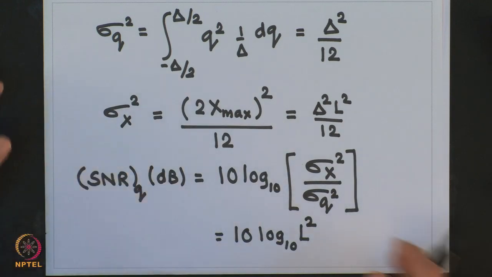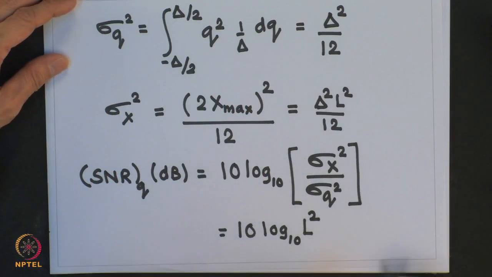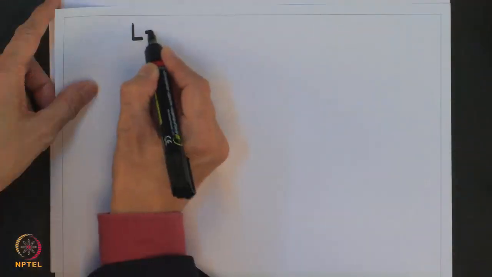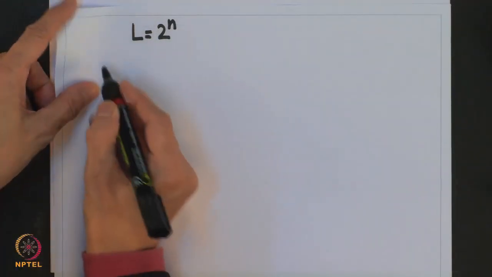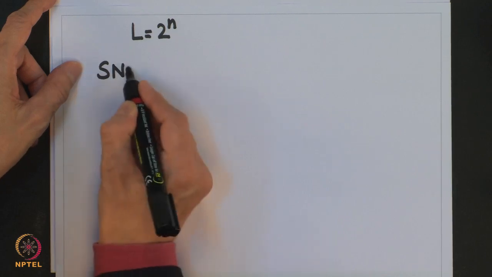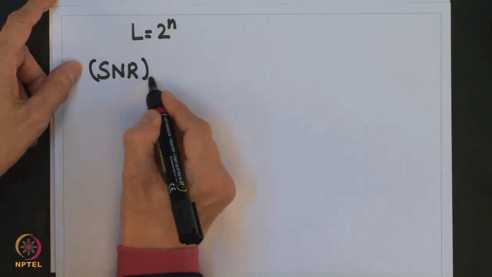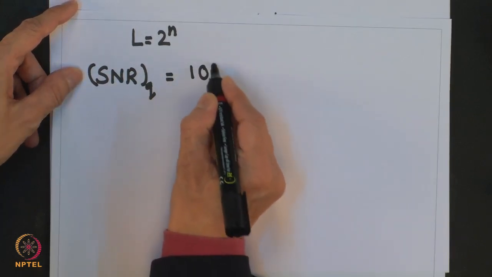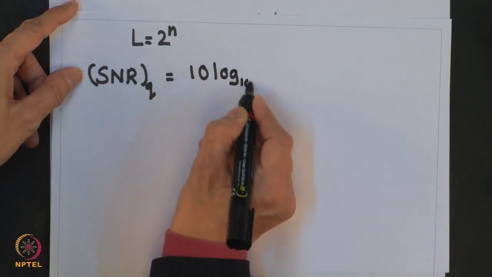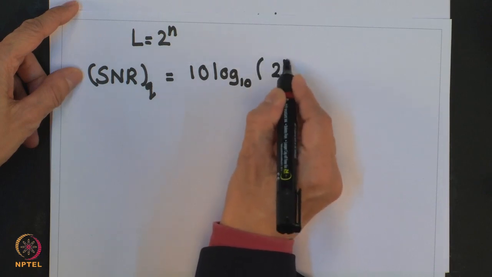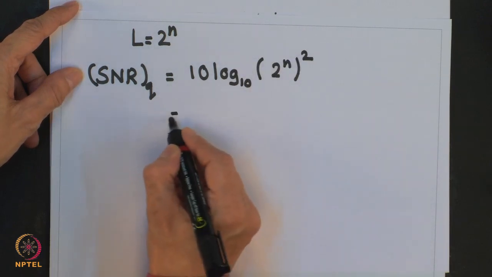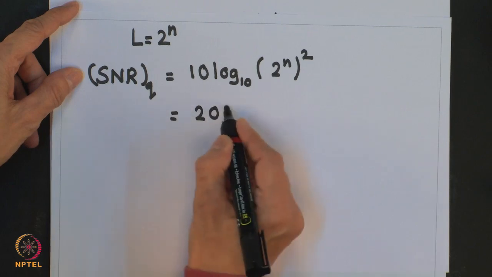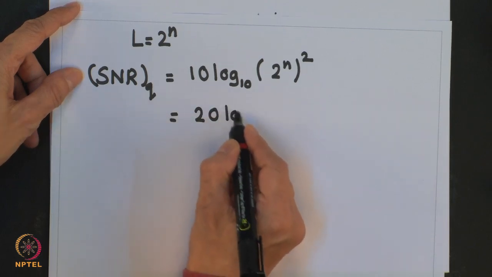Now, if we assume that we are doing binary encoding, your L will be equal to 2 raised to n. So, if I substitute L is equal to 2 raised to n, I get signal to quantization noise ratio to be equal to 20 log 2 raised to n.